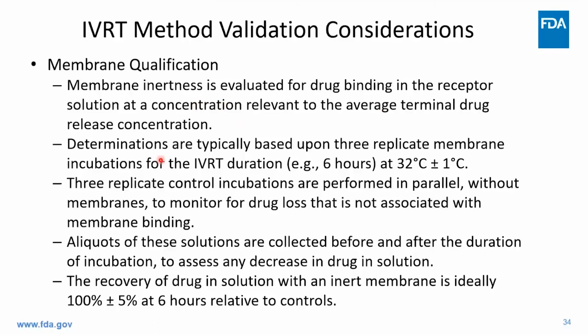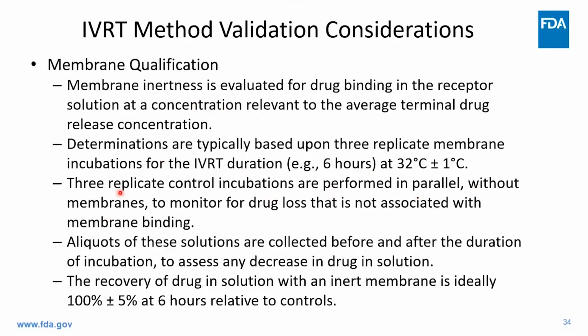These determinations are typically based upon 3 replicate membrane incubations for the IVRT during that 6-hour duration, typically at 32 degrees plus or minus 1 degree. And these 3 replicate control incubations are performed in parallel, also without membrane.